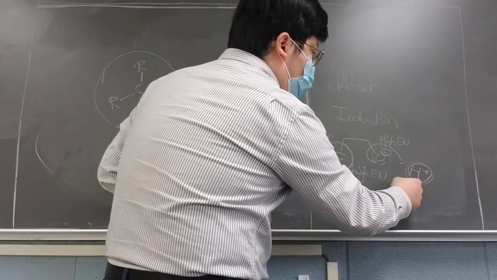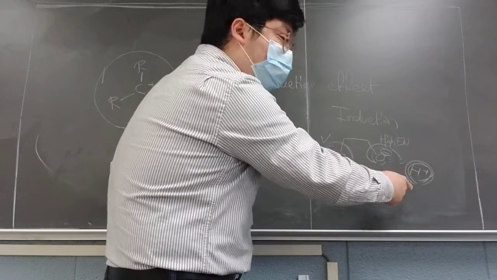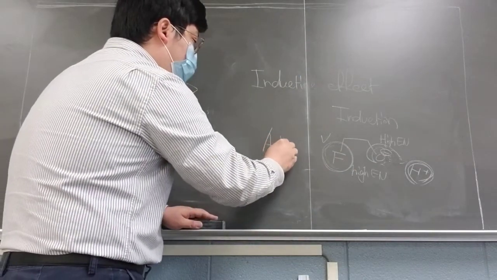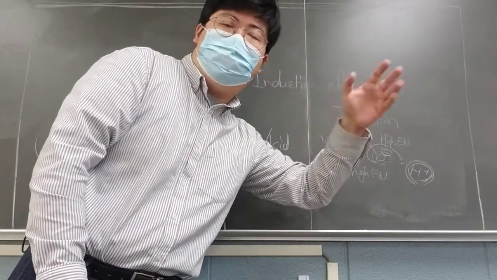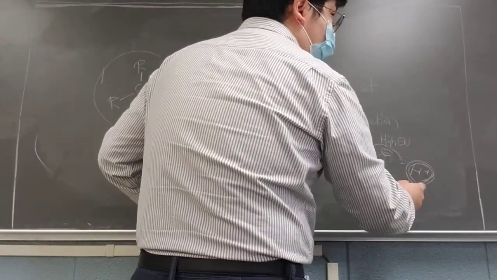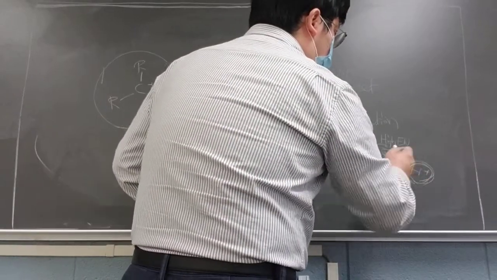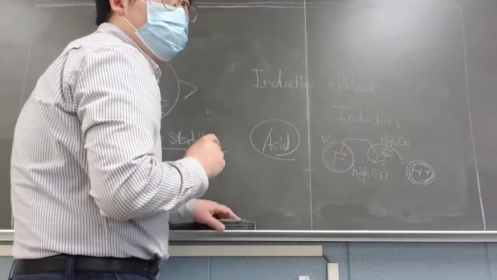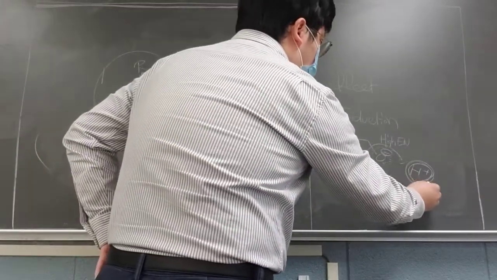Hydrogen cation is the same as the proton, right? So this behaves like an acid. The oxygen takes all the electrons with them and donates the hydrogen cation. So this is a good acid, and how strong that acid is depends on Ka. But anyway, this is what's happening here.